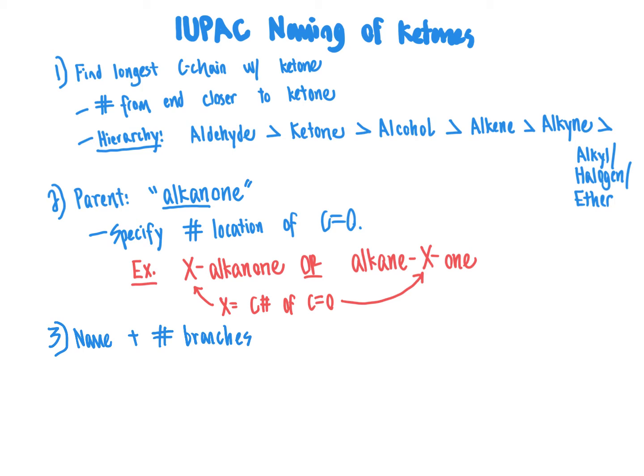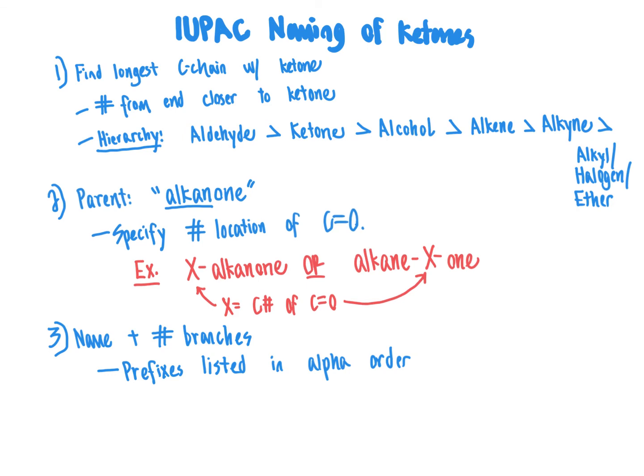You include the branches as prefixes before the alkenone parent name, listed in alphabetical order at the front of the name. The numbering of these branches is dictated by the numbering of the carbon chain that you used in step 1. Now that we've laid out these steps for determining the name of ketones, let's apply that towards some example problems.